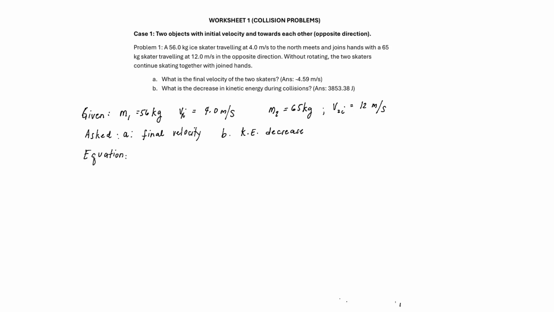Since we're looking for the final velocity, we could use the momentum equation, and we all know that momentum is conserved. So we write m1v1 plus m2v2 equals m1v1 plus m2v2.